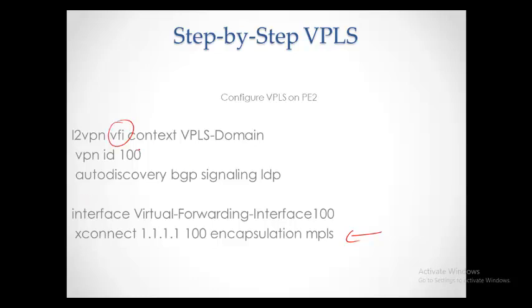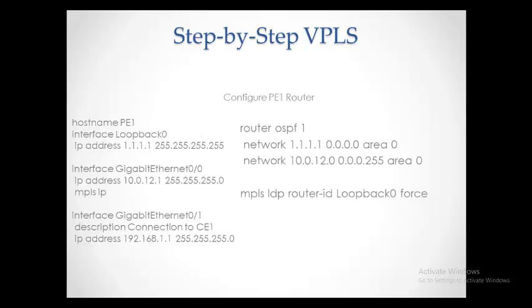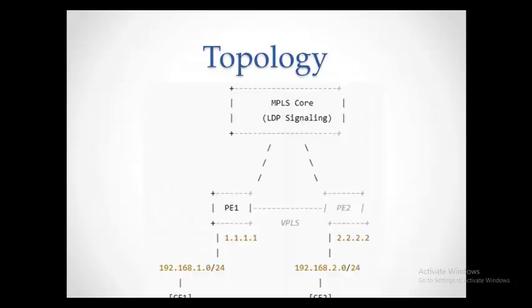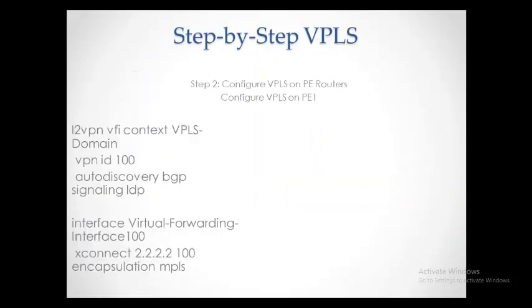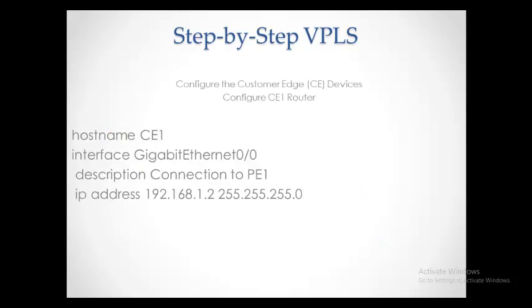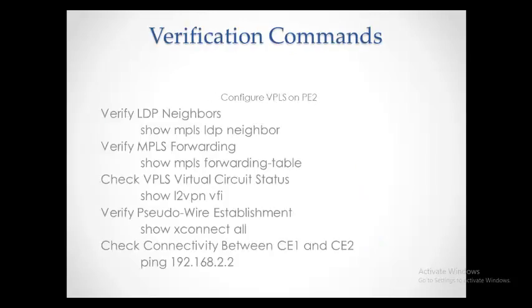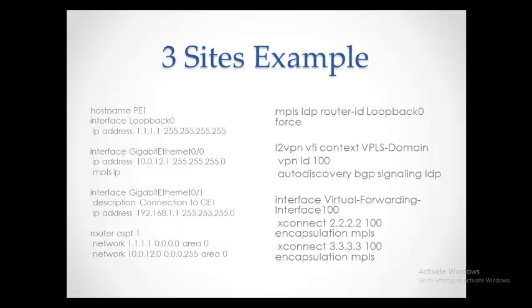In this example, we had only 2 sites. So we did this. But what if I have multi-sites? If you have multi-sites, this is what we will do. Same command. Say for example, I'm on PE1, but I want to form a tunnel with PE2 and PE3. Nothing wrong, you can have many xconnect statements if you have multiple sites.